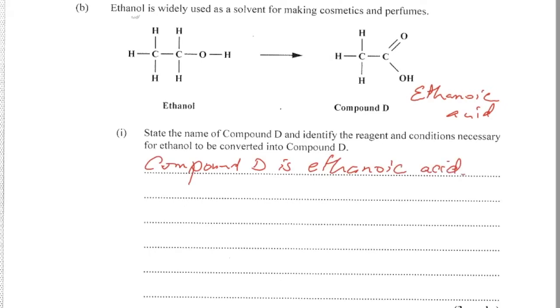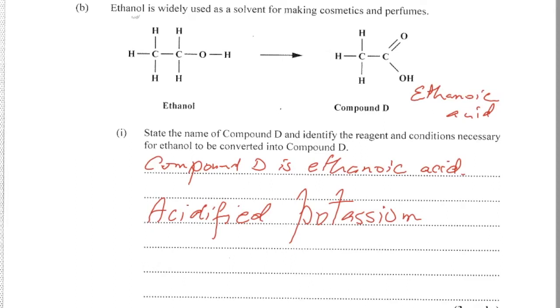And they want us to identify the reagents and conditions necessary for ethanol to be converted into compound D. We would need a very powerful oxidizing agent. So we would need acidified potassium manganate(VII) or acidified potassium dichromate(VI). We could write out the words or we could write the formula.